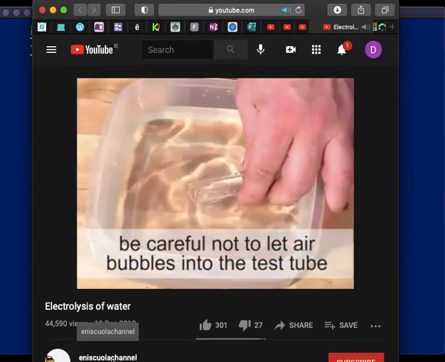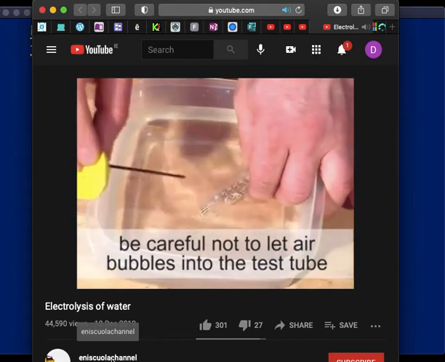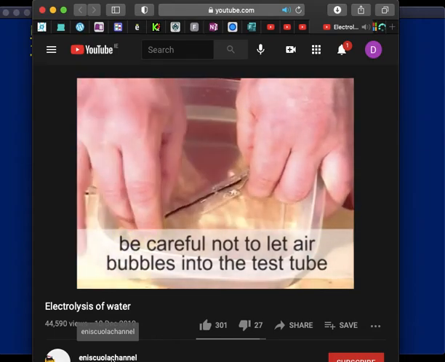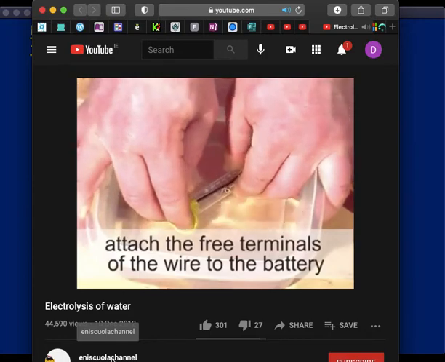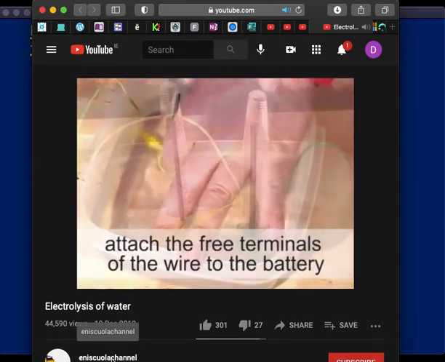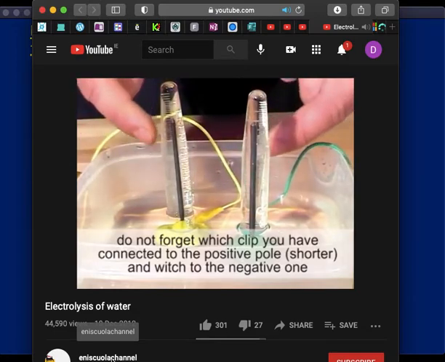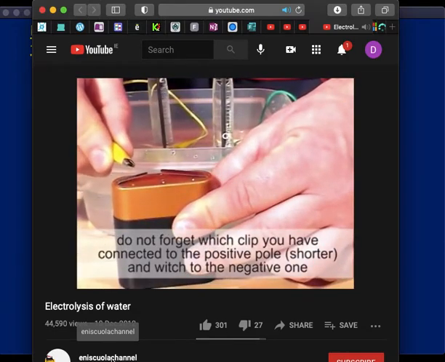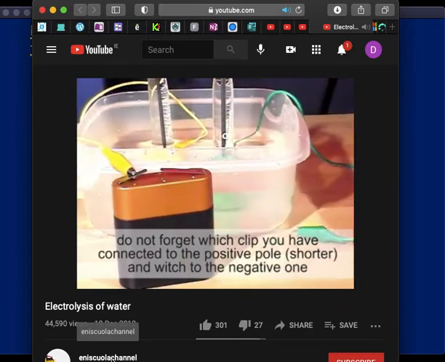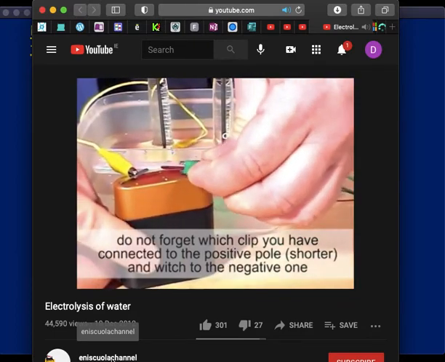Be careful not to let air bubbles into the test tubes. Attach the free terminals of the wire to the battery. Do not forget which clip you have connected to the positive pole, that is shorter, and which to the negative one.